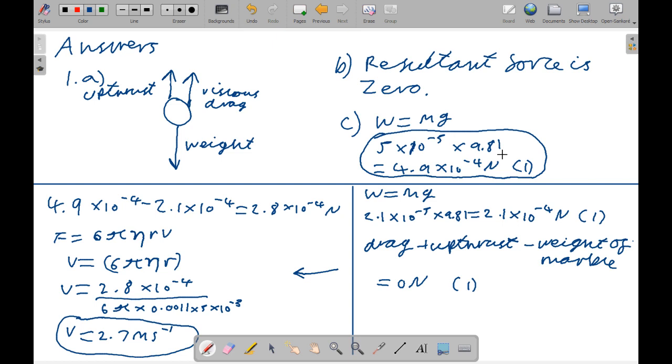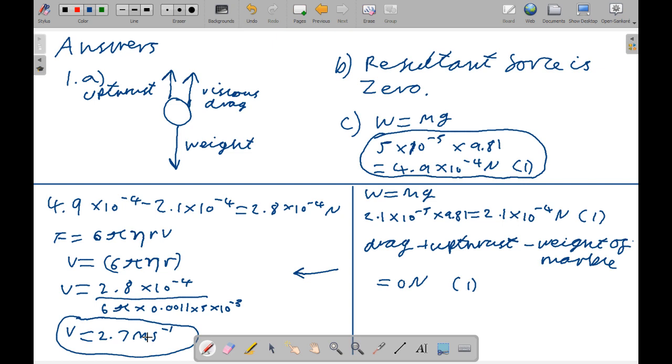So if you follow it through correctly and determine that 4.9 times 10 to the minus 4 minus 2.1 times 10 to the minus 4 is 2.8 times 10 to the minus 4, then you should get the velocity to be, once you input Stokes' law at the bottom, V equal to 2.7 ms minus 1.